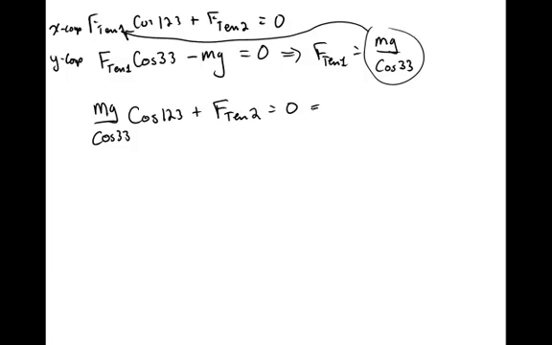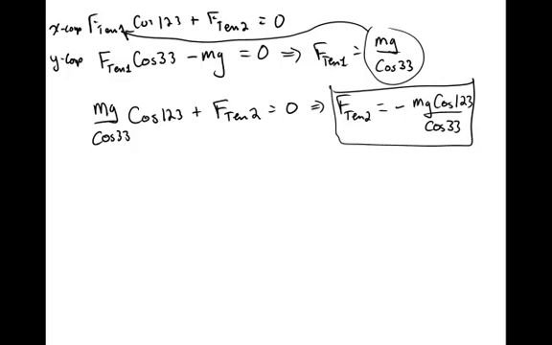So solving that, I get that F10(2) is equal to negative mg cos 123 over cos 33. And so now I have equations for both of my components, right here and right there.